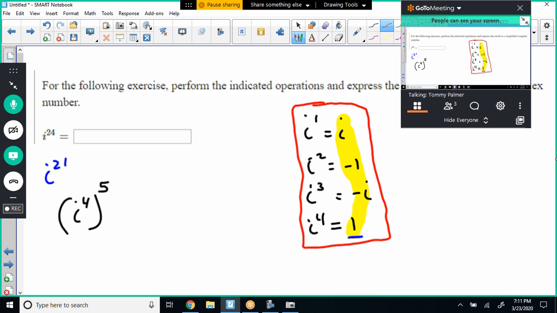Then that's what's going to drive our answer. So 4 times 5 is 20. So I got i to the first, because if I do this, this gives me 20, and 20 plus 1 gives me what? i to the 21, right?